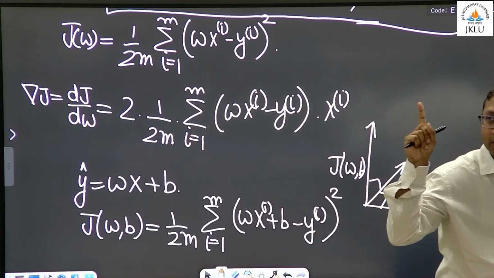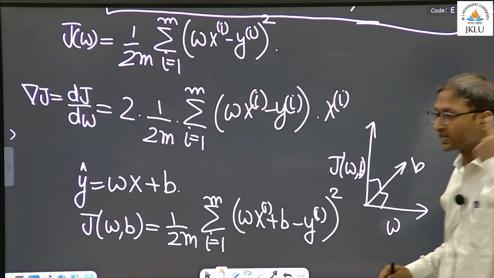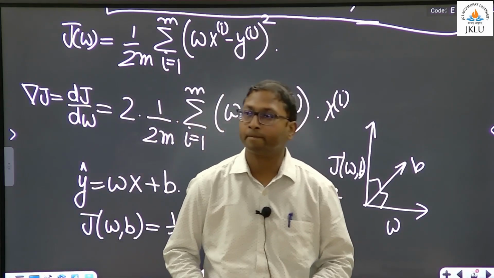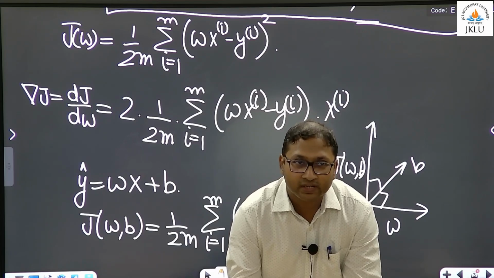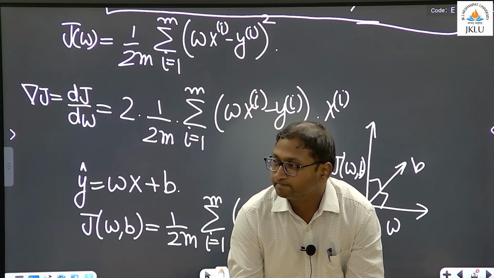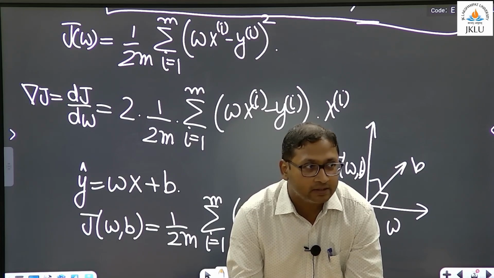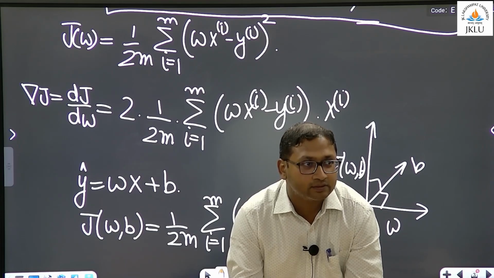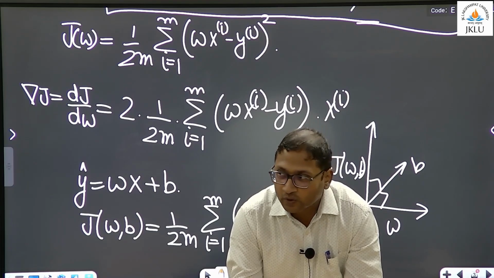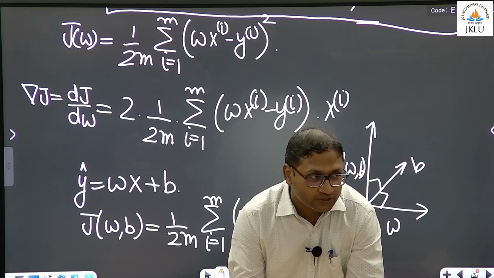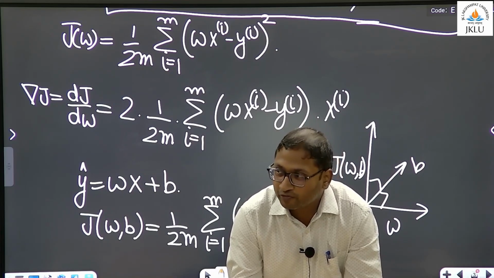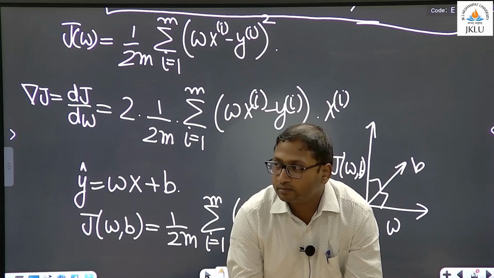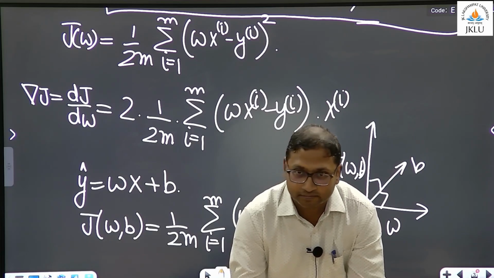Equation of conic section, how many of you remember? General equation of conic section: ax square plus 2hxy plus by square plus 2gx plus 2fy plus c.